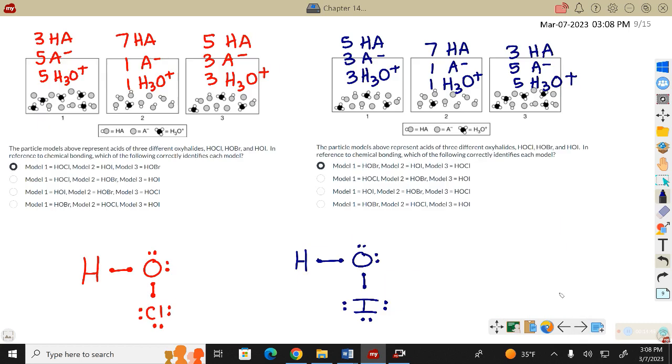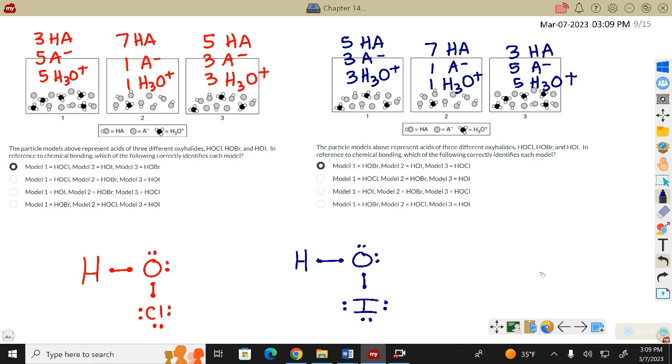These particle models are really the same question. The choices are just kind of jumbled up. I counted how many particles of each are in the little boxes. We were given HA, just the generic weak acid. A minus would be the conjugate base, and H3O plus would be the hydronium ion.